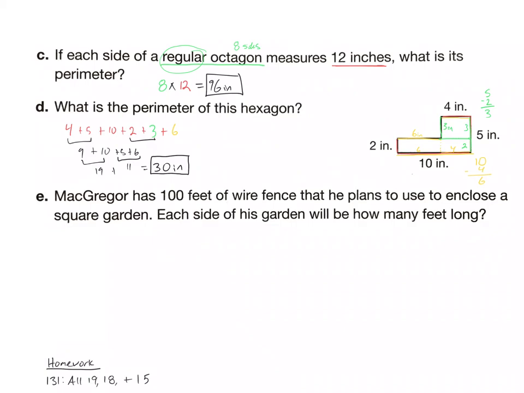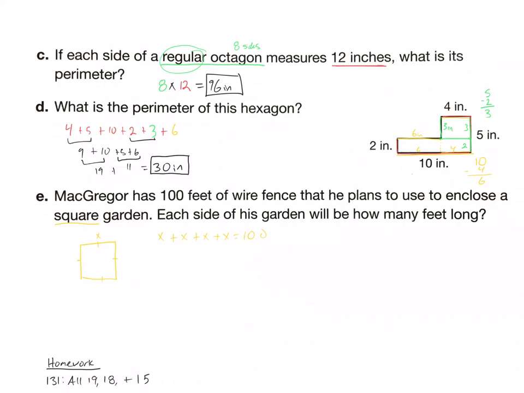Okay. My grower has 100 feet of wire fence that he plans to use to enclose a square garden. Each side of his garden will be how many feet long? So let's just think here. I have 4 sides. All 4 of them need to be the same length. And the perimeter, whenever I add up all 4 of those, so if I call this side length x, it'd be x plus x plus x plus x is going to equal 100.